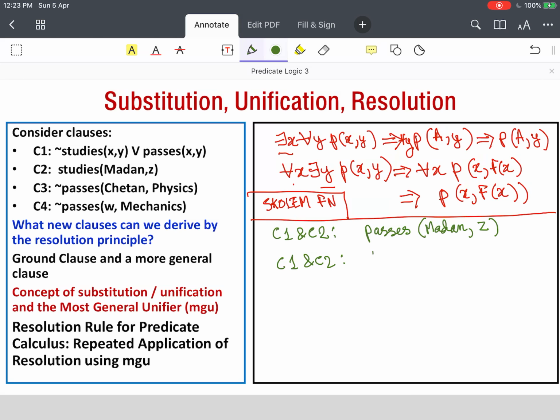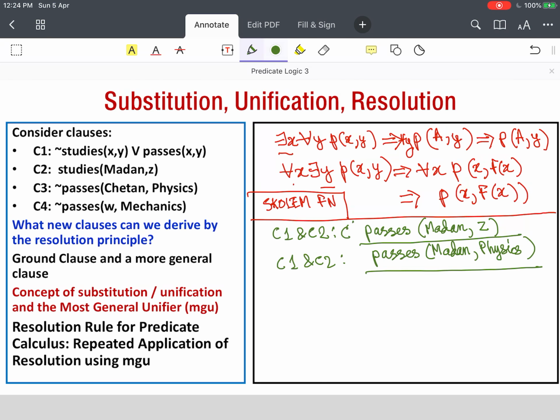We could also replace Z by physics, and we could unify C1 and C2 and get passes Madan physics.